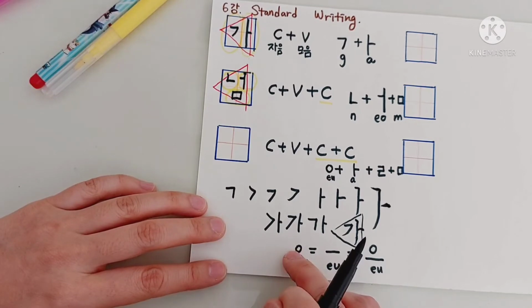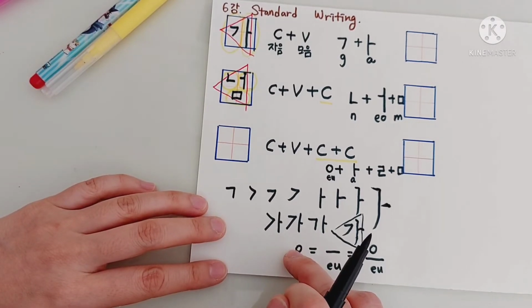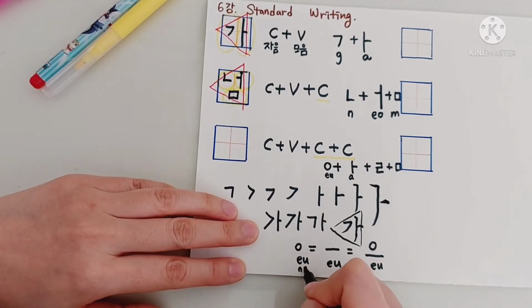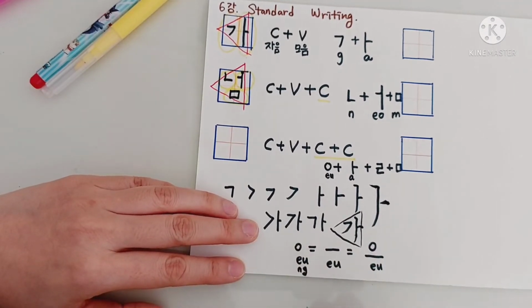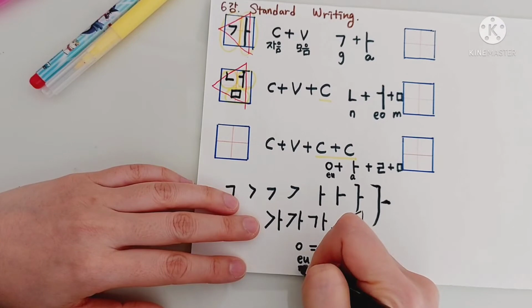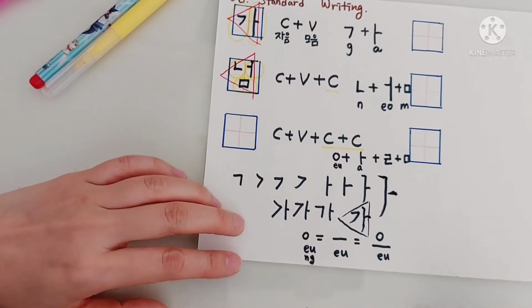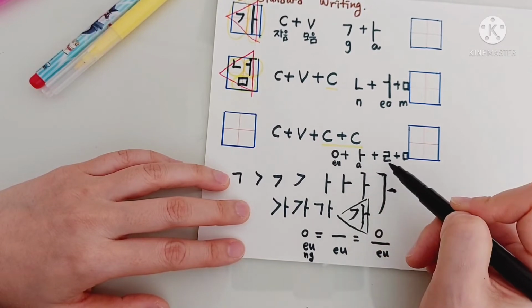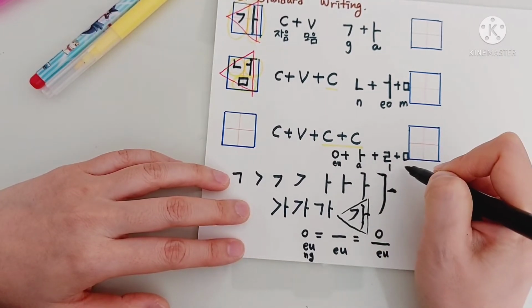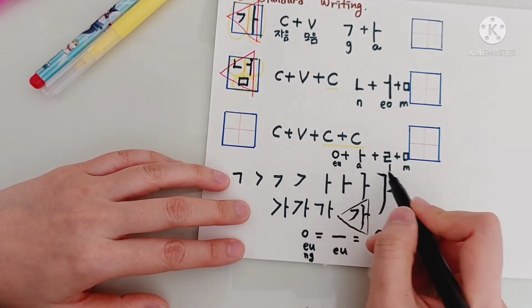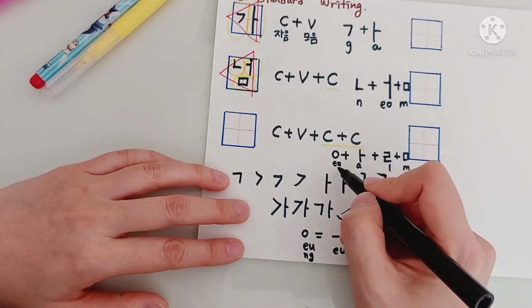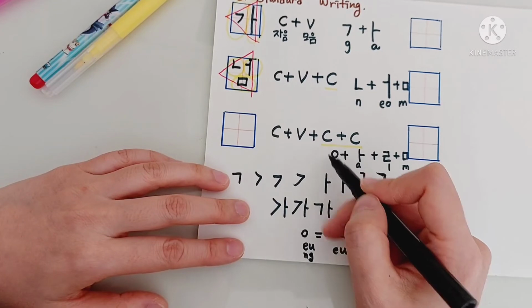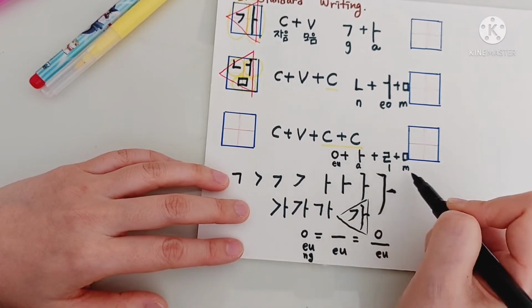But when it is in the 받침, the bottom consonant here, it sounds like the ng sound. So 으아름, it's arm.